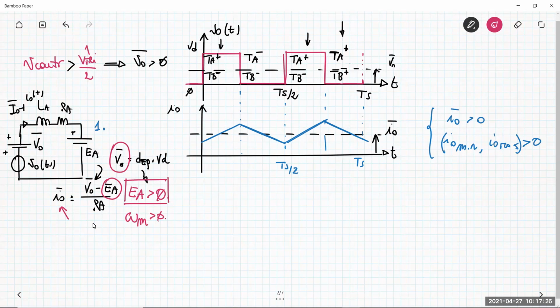What happens for the AC contribution, so the blue curve for the current? Then you have to consider in this cycle just the AC contribution. So the voltage V0, the inductance, and then you have to skip the back EMF.